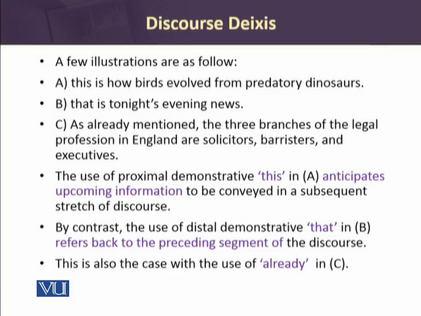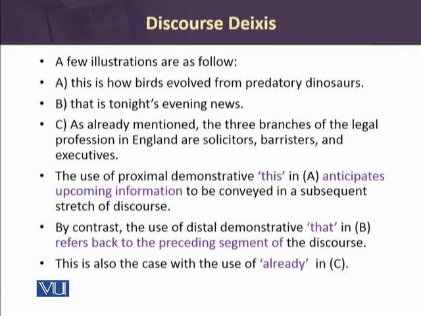If you just see here, the use of a proximal demonstrative this in sentence A anticipates some upcoming information. It informs us about something which is following. This word this here is very much anticipating some happening to be conveyed in a subsequent stretch of discourse.